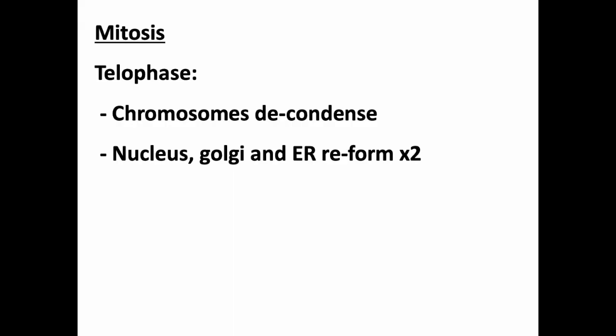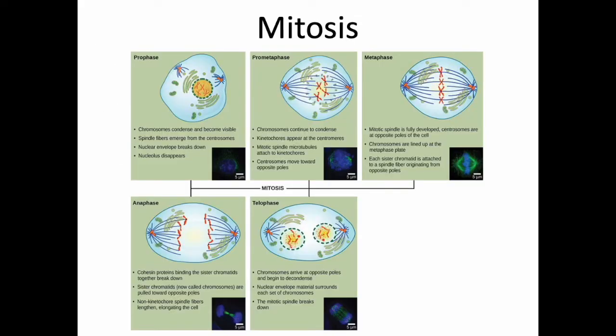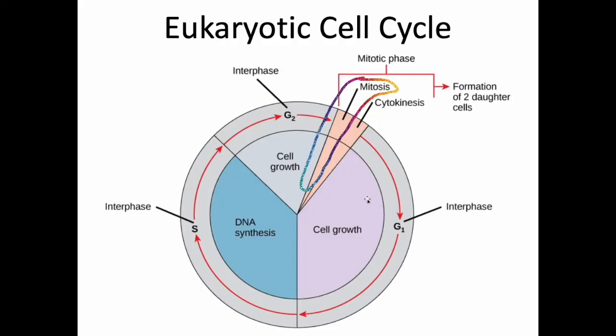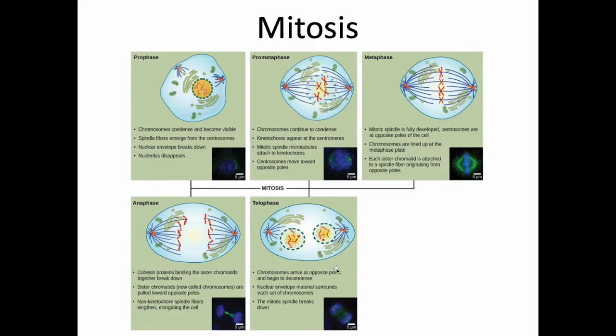So importantly, and this trips a lot of students up, mitosis is not cell division. Look at this. We started with one cell, we end with one cell. Mitosis is not cell division. Mitosis is part of the eukaryotic cell cycle, and we're going to split this in two in just a second, but this process itself, mitosis, is dividing the nucleus.